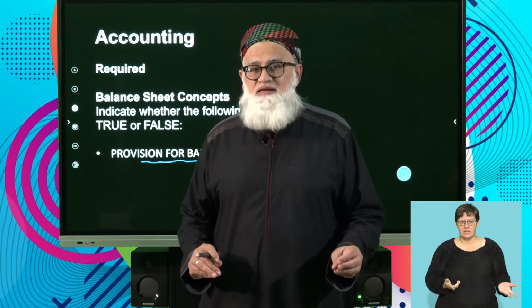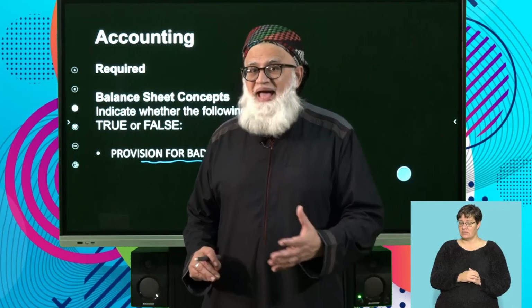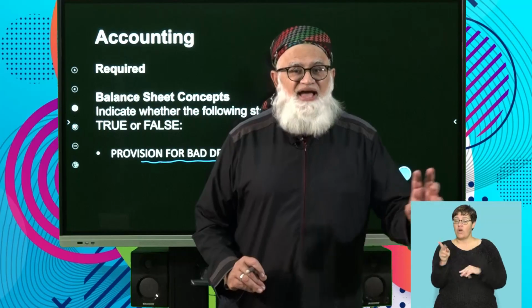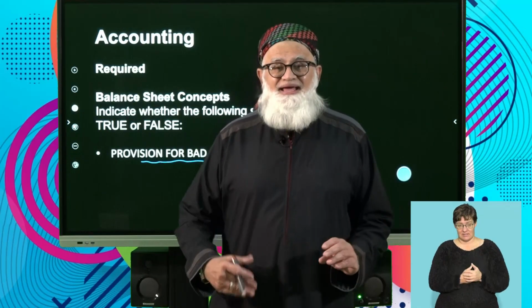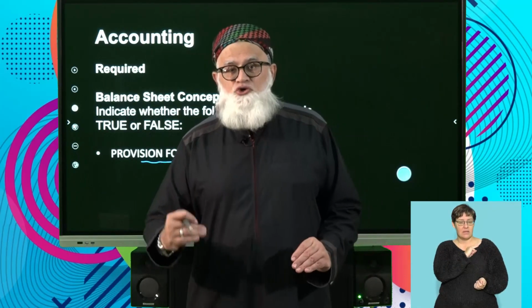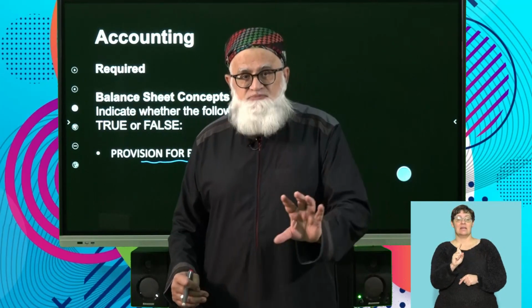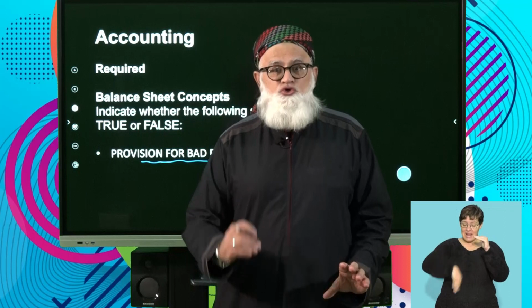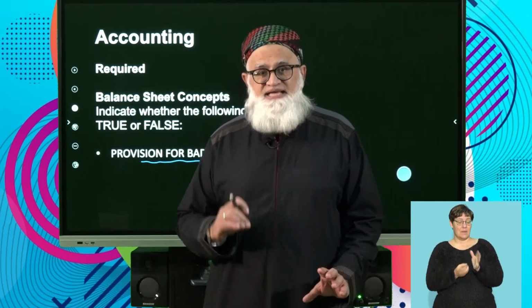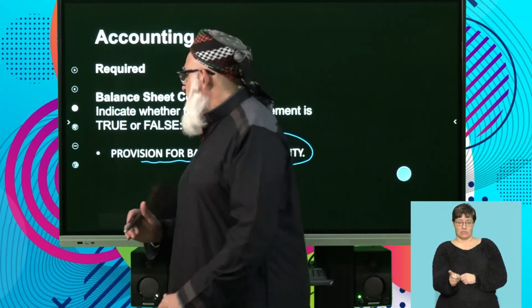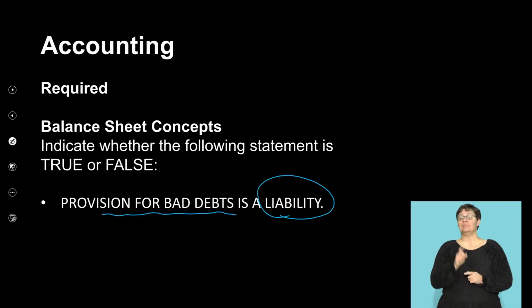By that I mean provision for bad debts is what we refer to as a negative asset. Why? It reduces the value of your asset. Which asset? Debtors control, less provision for bad debts gives you net trade debtors. So it is not a liability. Therefore, this statement would be false.